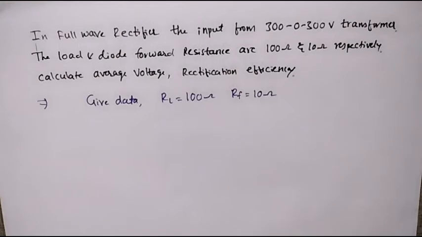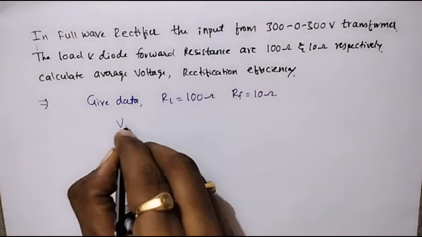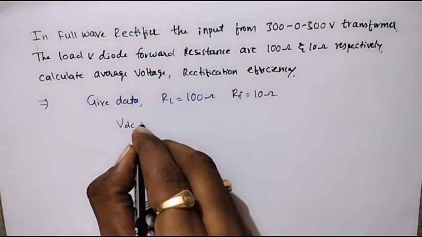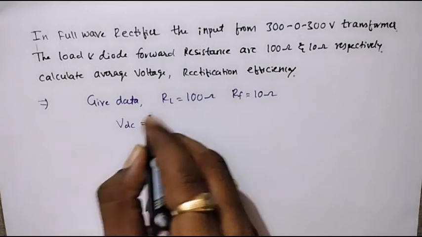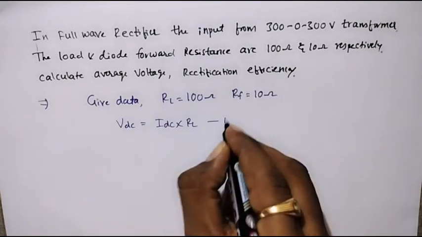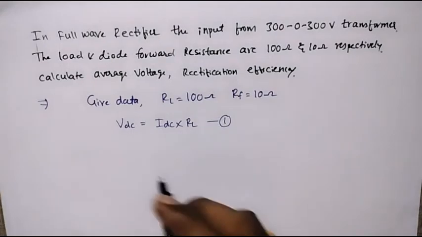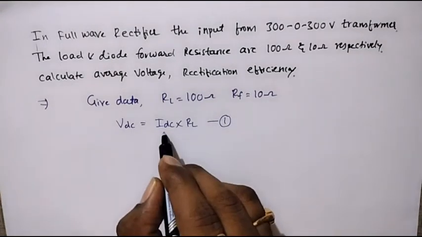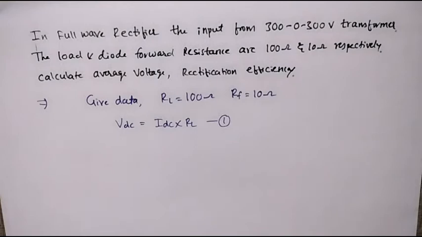So to calculate the average voltage, first we are supposed to calculate the average current, because we know that VDC, the average voltage, is equal to IDC into RL. Here the RL value is given, so we are supposed to calculate IDC first. IDC is nothing but the average current or DC current.